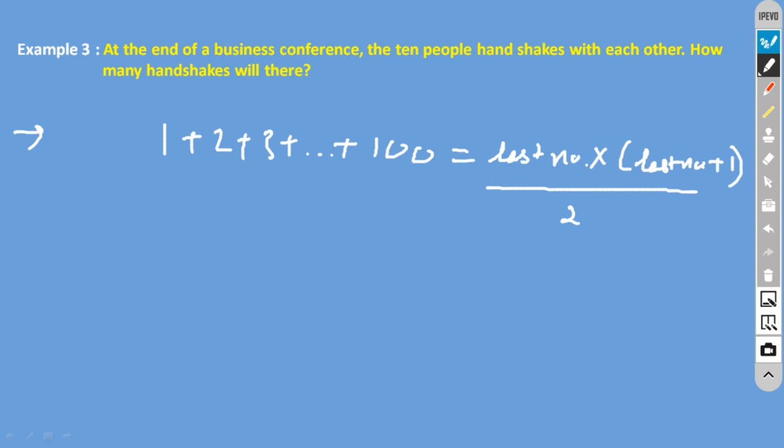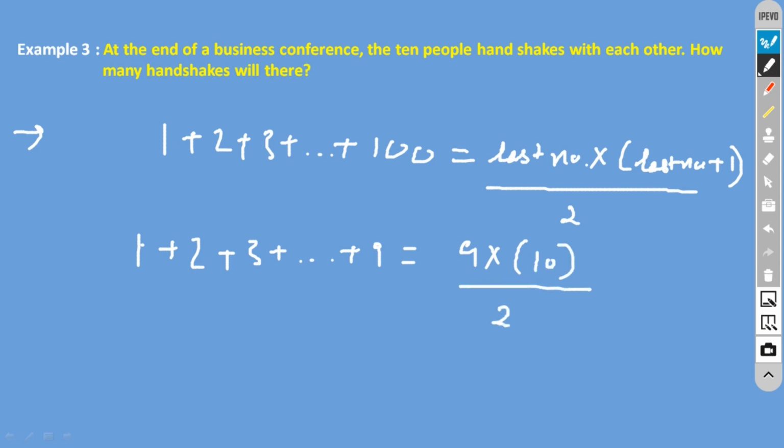I hope you understand this. Now here, the question was 1 plus 2 plus 3 plus till 9. Right? So the last number is 9 times, in brackets, 9 plus 1 is 10, divided by 2. 2 times 5 is 10, and 9 times 5 is 45.